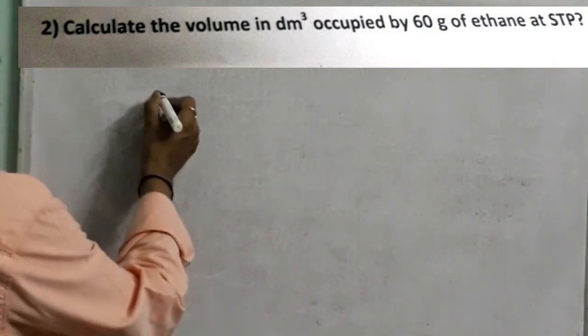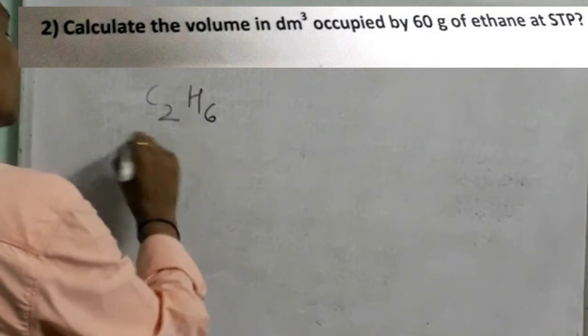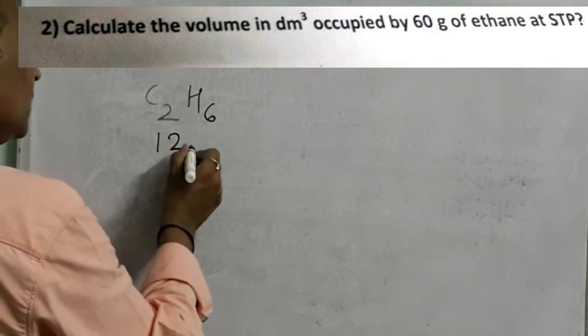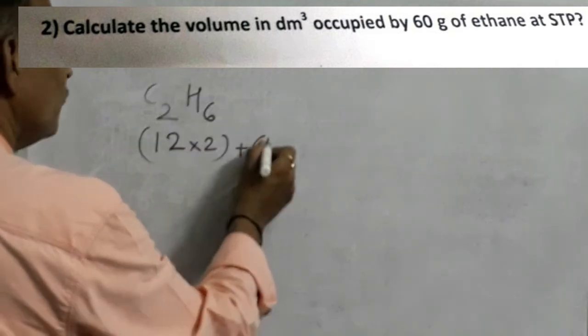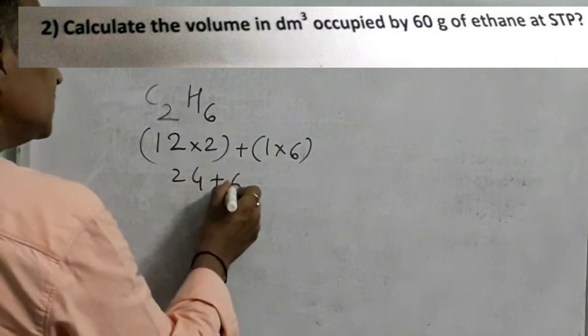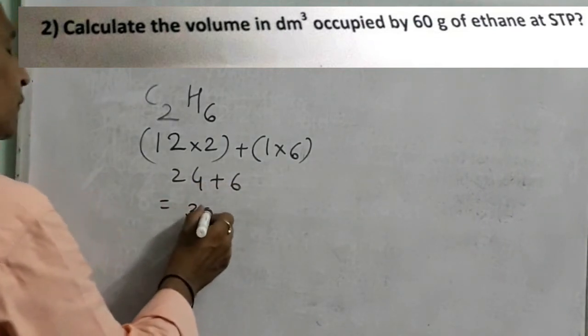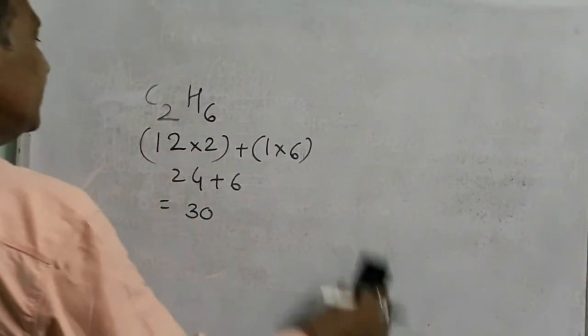So we know the formula of ethane is C2H6, and if you calculate the molar mass, 12 into 2 plus 1 into 6, 24 plus 6 equals 30. So friends, this is the molar mass of ethane, that is 30.